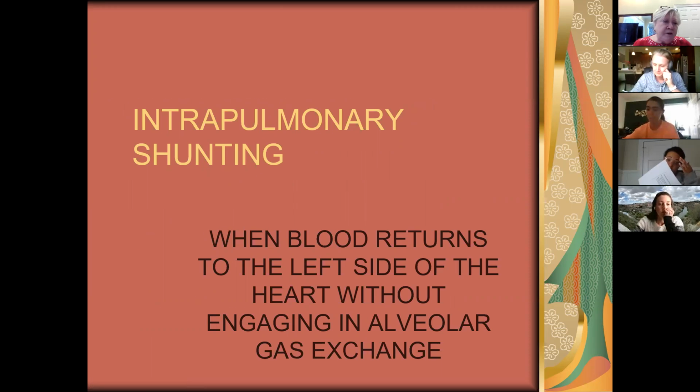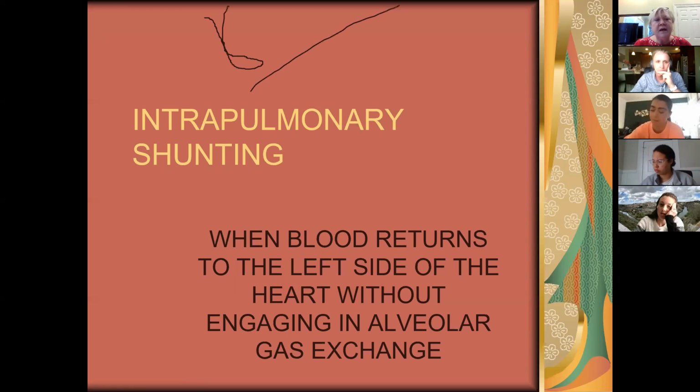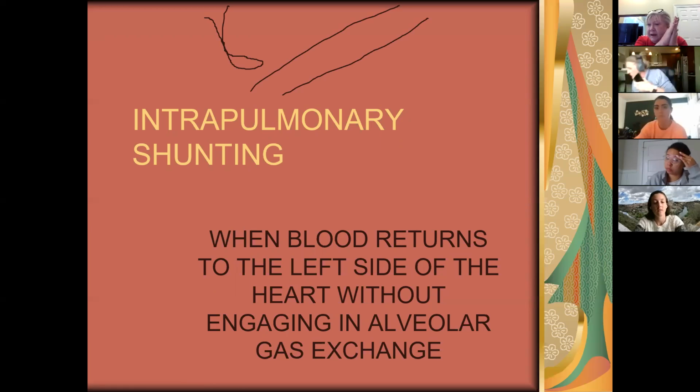Now with intrapulmonary shunting, typically it looks like this. And about 10 to 15%, we always have alveoli that don't pop open. But in this case, we have more alveoli that are completely closed down.